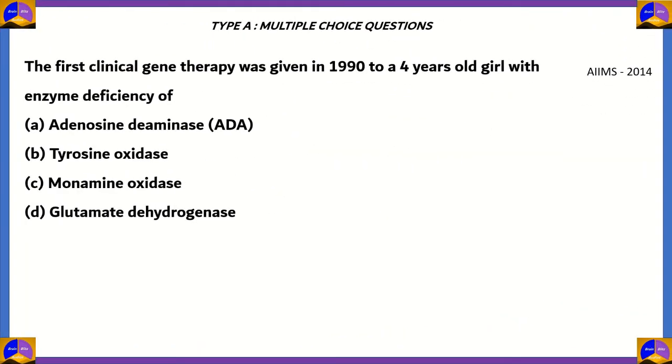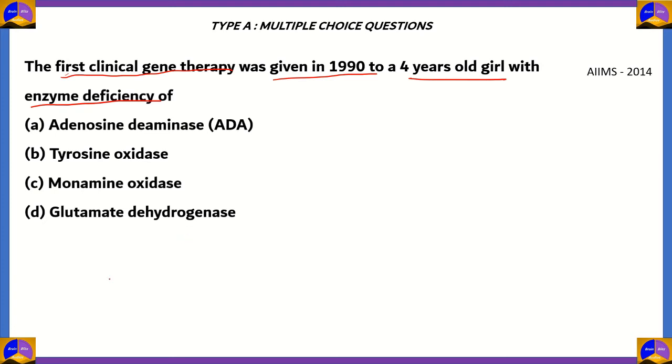Now, this is the next question. The first clinical gene therapy was given in 1990 to a 4-year-old girl with an enzyme deficiency of: adenosine deaminase, tyrosine oxidase, monoamine oxidase, glutamate dehydrogenase.